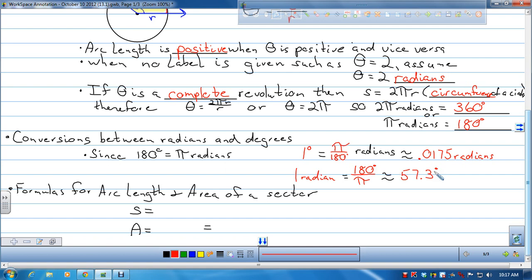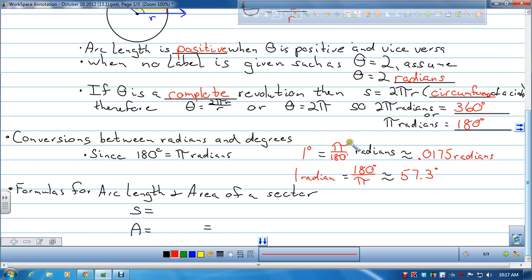Okay. So here's what you're going to want to do. You will recognize here that I'm going to multiply by these conversions. If I want to go from degrees to radians, I'm going to multiply the amount of degrees times pi over 180, because, if you will notice, the label of the degrees will simplify, right?